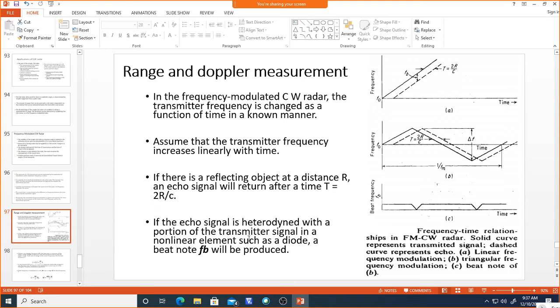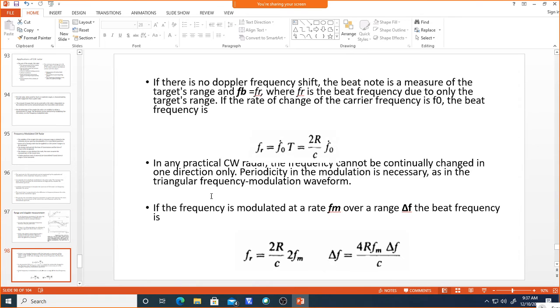After this it will produce that beat frequency with respect to the modulation which is happening. We can see here that at a particular time, these beat frequencies are generated. That will be compared with the transmitted signal, and we can note the frequency of the echo signal.